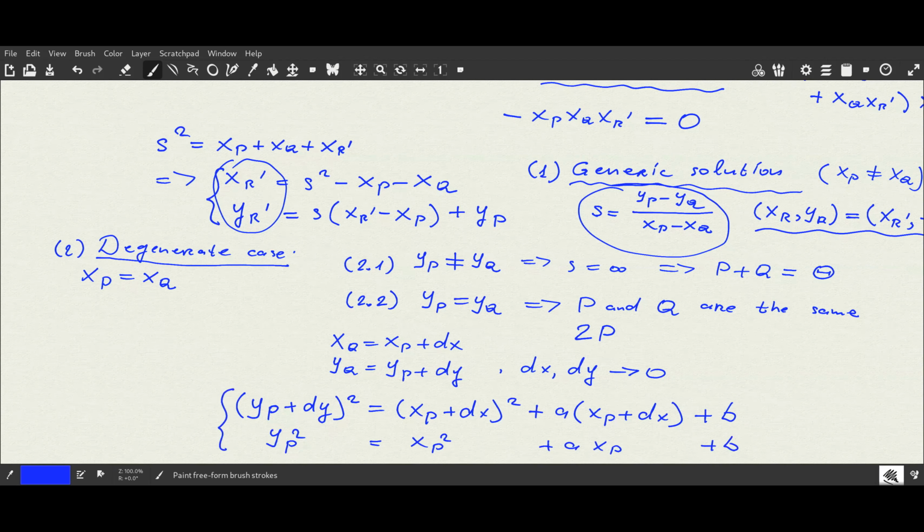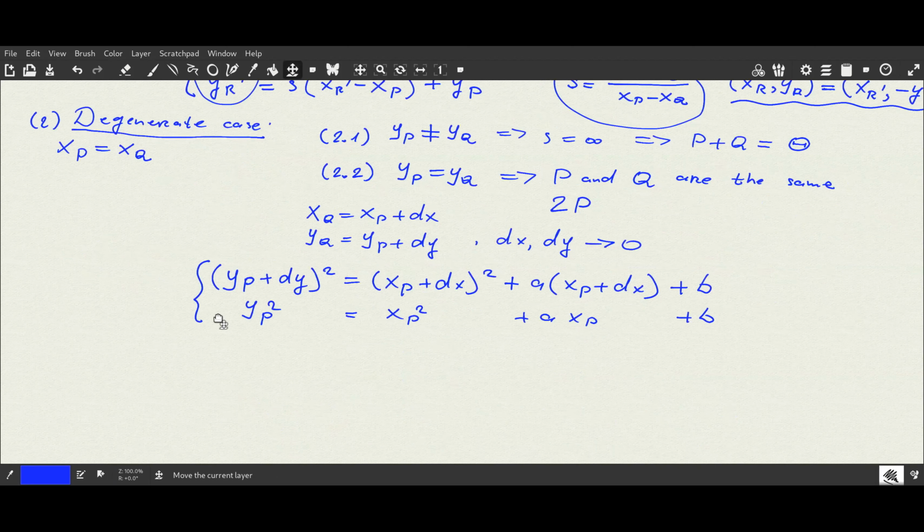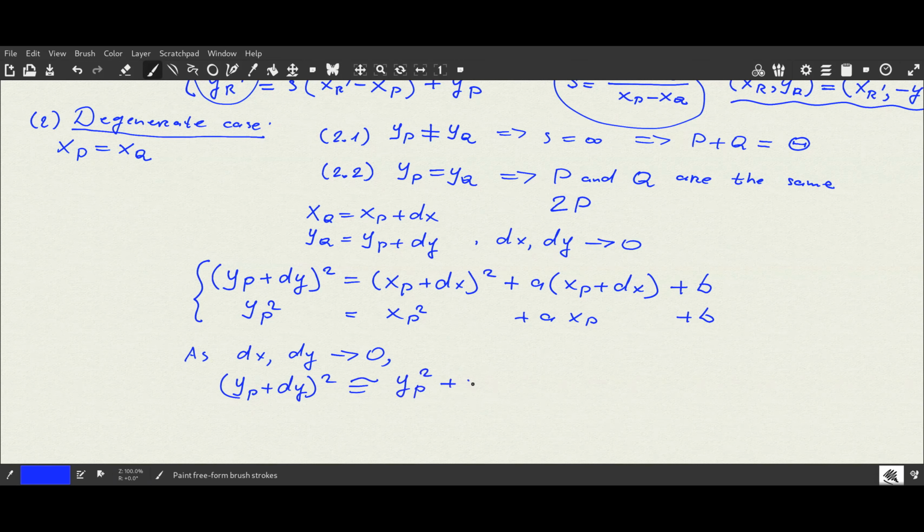Now, using the standard differential calculus, as dx, dy tend to 0, we can say that (yp plus dy) squared can be linearly approximated as yp squared plus the derivative of the left-hand side, 2 times yp dy.